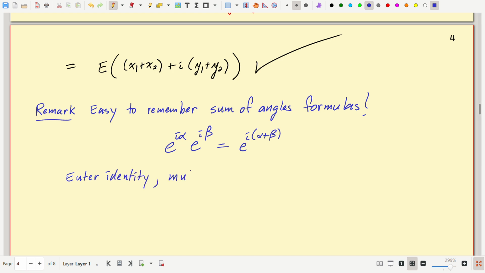Multiply out. Equate real and imaginary parts. And there they are.